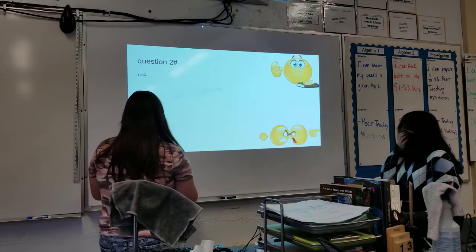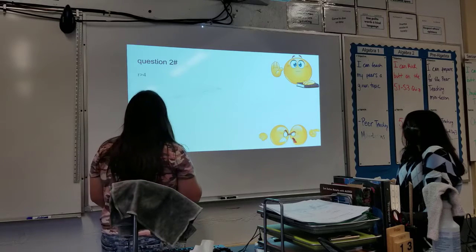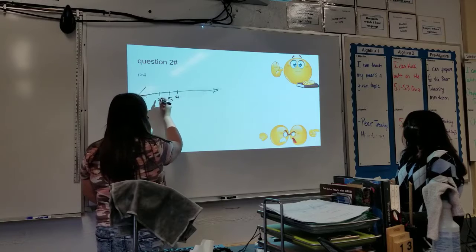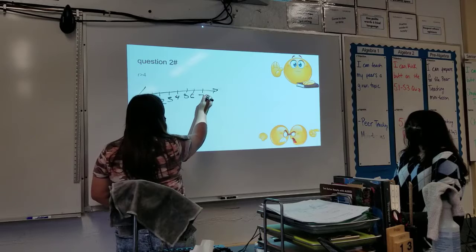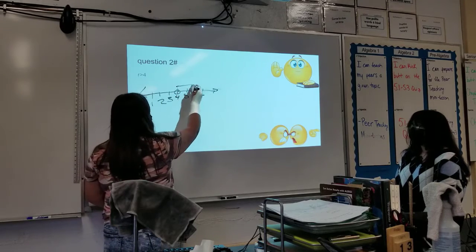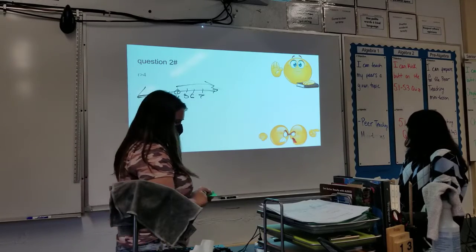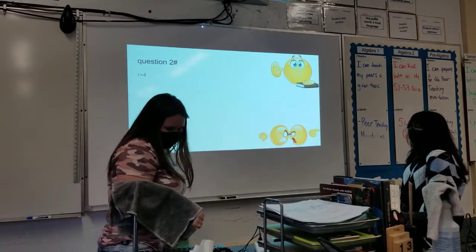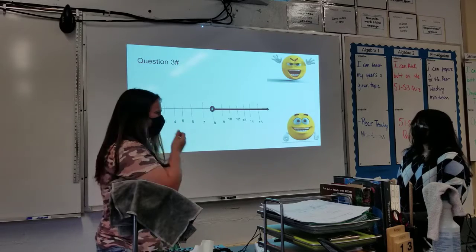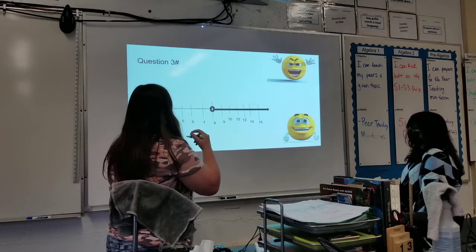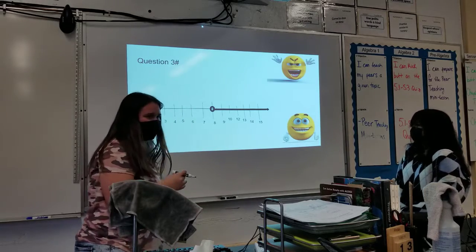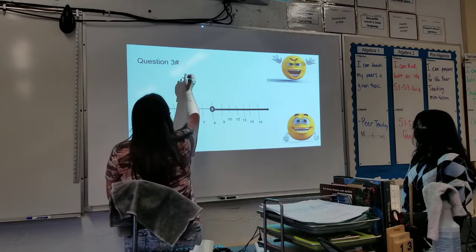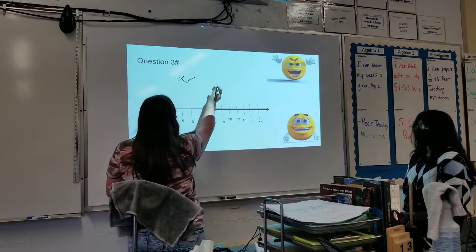The next one is r greater than 4. For the first one, we're going to make the equation first. So x, so it'll be greater than that.